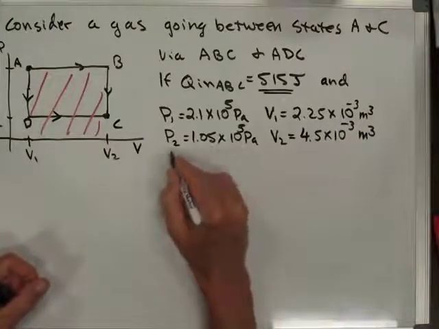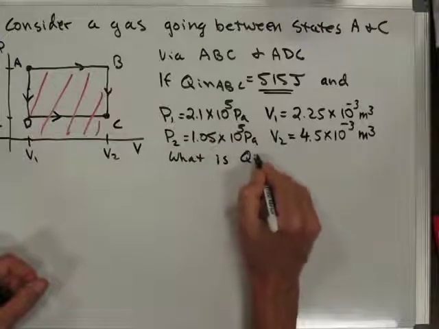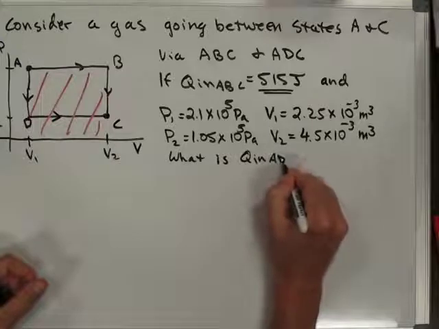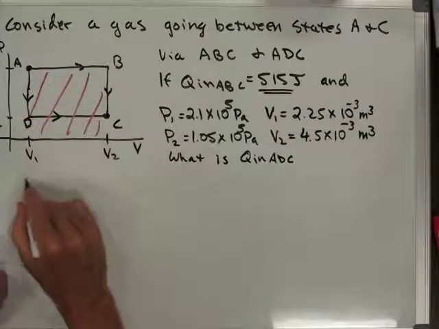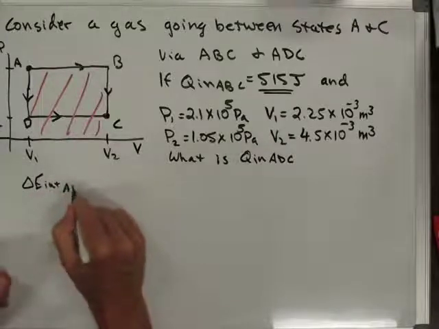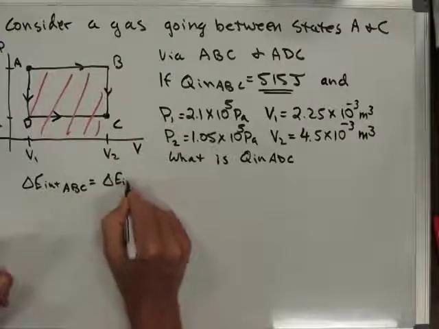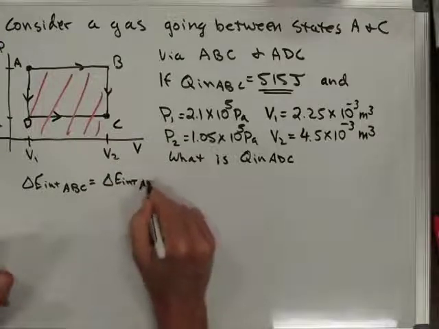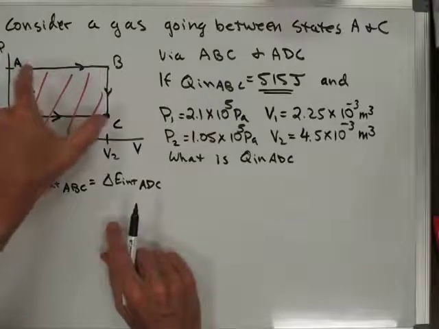And the question is, what is Q in ADC? So we know, since they start and end at the same point, that the change in internal energy along ABC is equal to the change in internal energy along ADC, because they start and end at the same points.